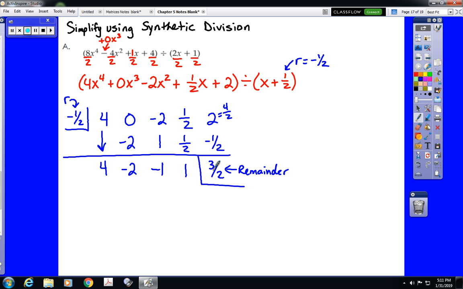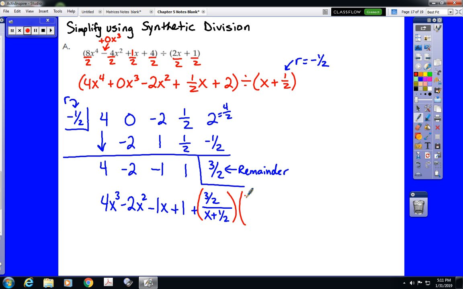So we have 4x to the third minus 2x squared minus 1x plus 1 plus 3 halves over x plus 1/2. So again, we cannot leave the remainder as that kind of fraction.